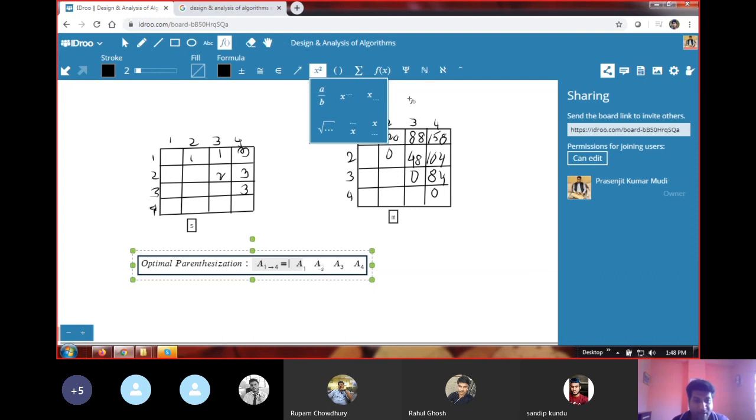So if I have A1 to 4, I have to split this product A1 to 4 for a value k equal to what? 1 to 4 means, can anyone tell me from this figure, 1 to 4, what I have to do?